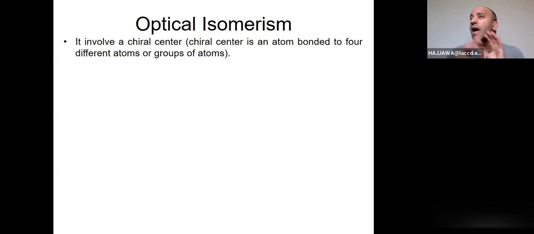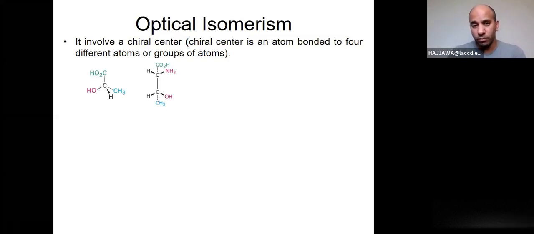Those compounds that have to do with plane polarized light, what do they all have? They all have a chiral center. What's a chiral center? It's an atom bonded to 4 different atoms or groups of atoms. And here's an example. I can have the one on the left.